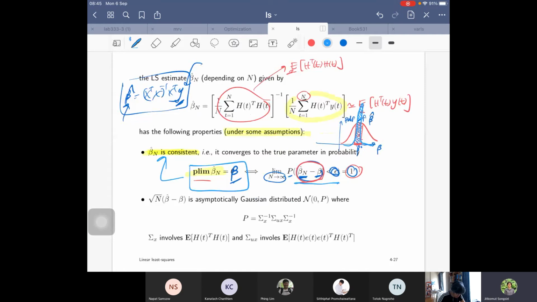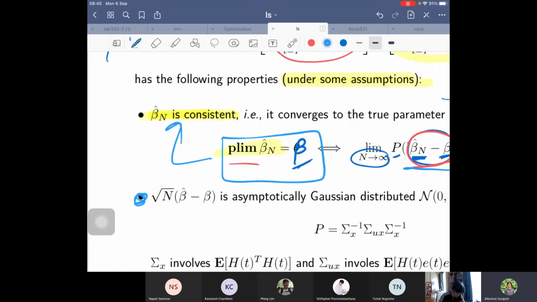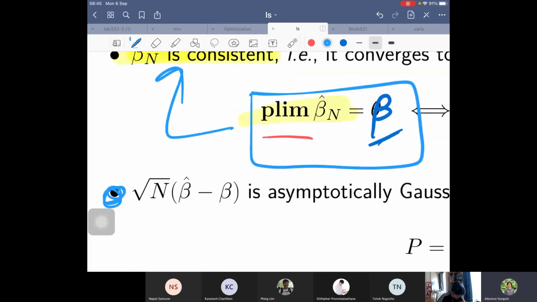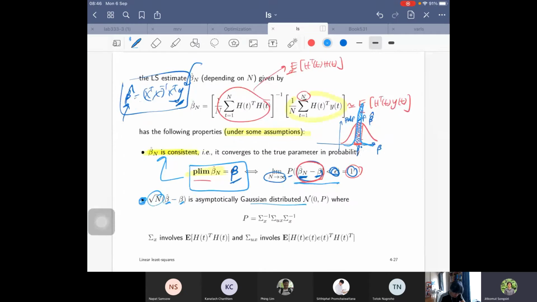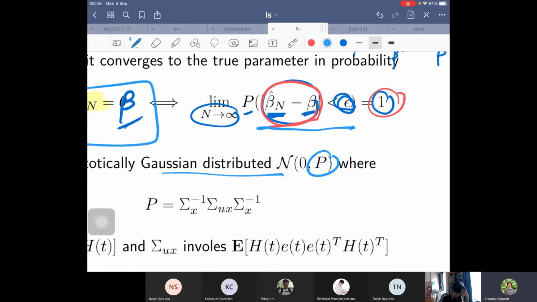Secondly, the deviation between beta hat and the true parameter, scaled with the square root of n, is asymptotically Gaussian distributed with the covariance matrix P. Of course, the smaller the covariance matrix P, the better.